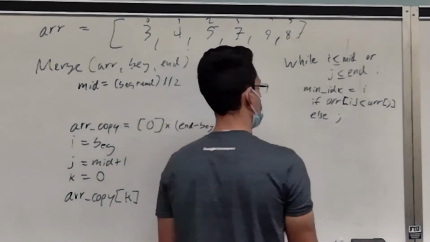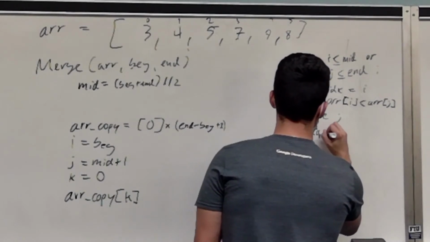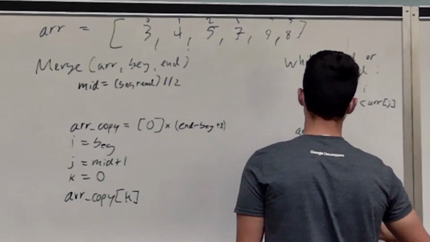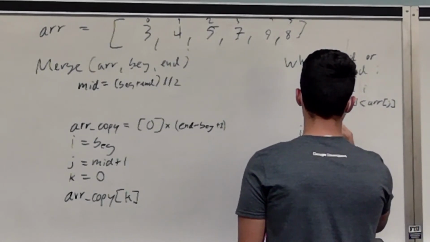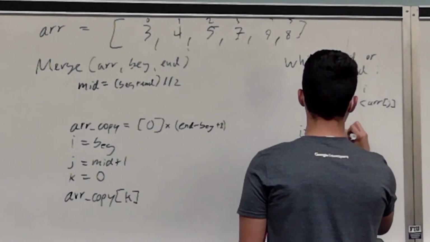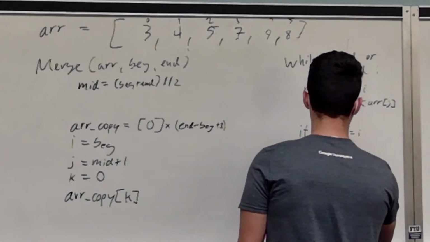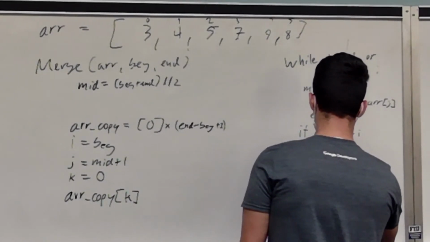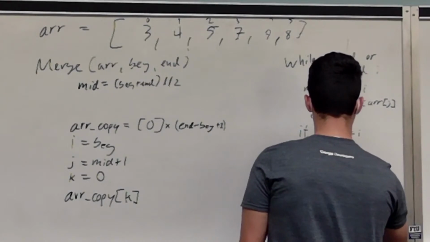And then we do a test, right? So now array copy equals, well, first we have to check if min index equals I plus plus, else if. Okay.